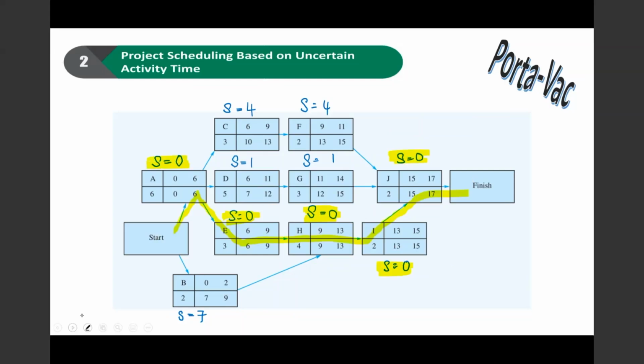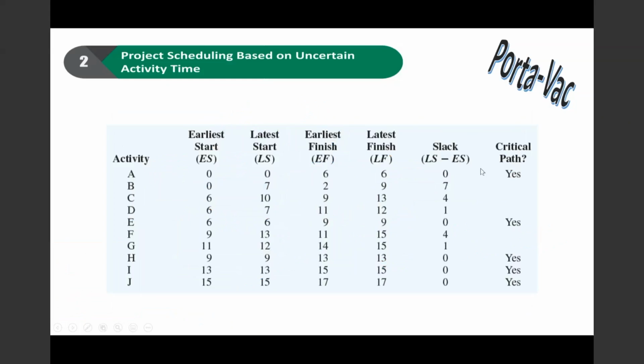Hence your critical path is A, E, H, I, and J. So this is your critical path. From the information just now, you can also then create a tabular form for it.